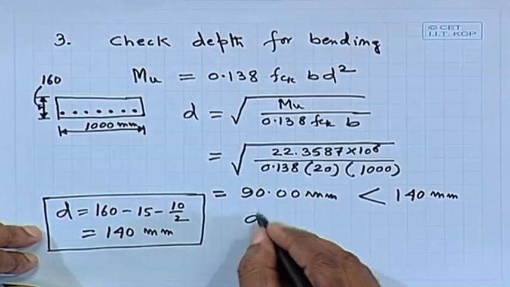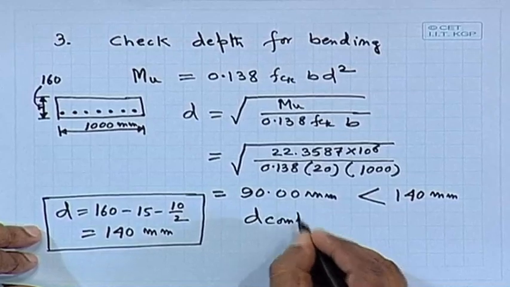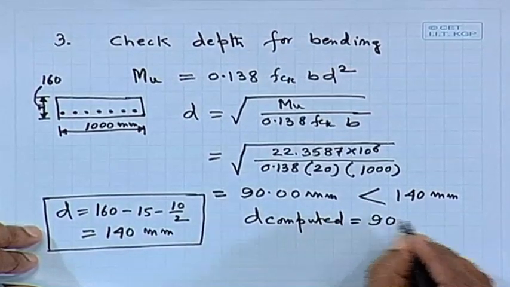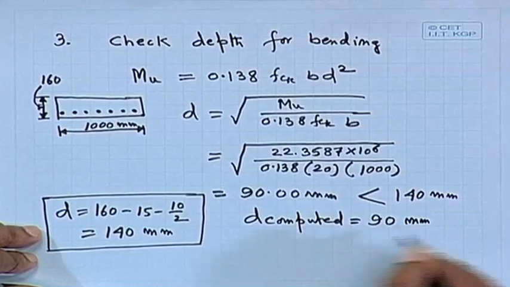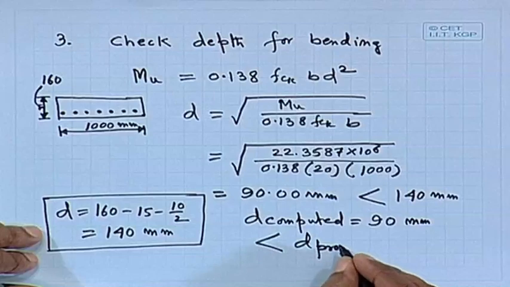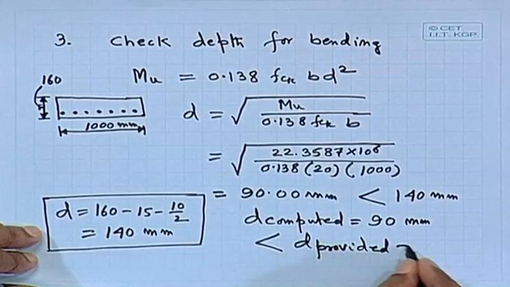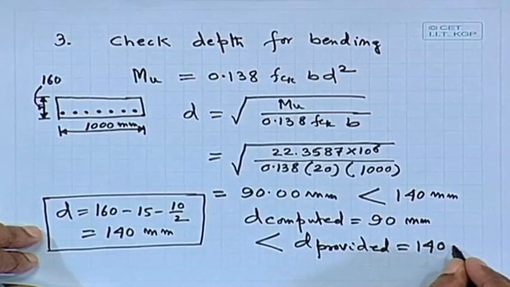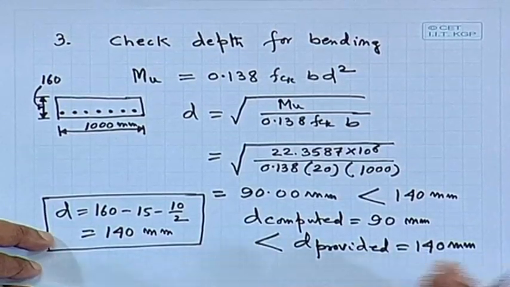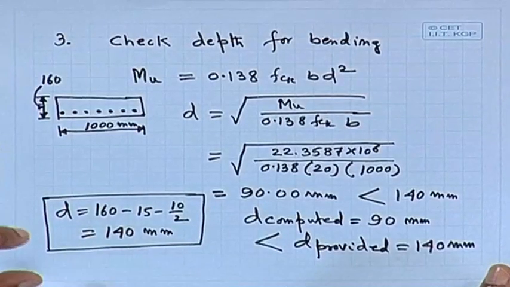To make it clear, d computed equal to 90 millimeter is less than d provided equal to 140 millimeter. It is quite high of course, but we shall come back again. So, this check is all right, but not economic.